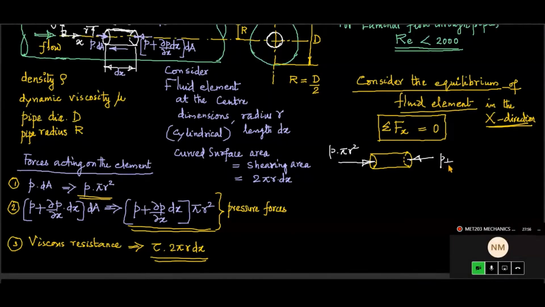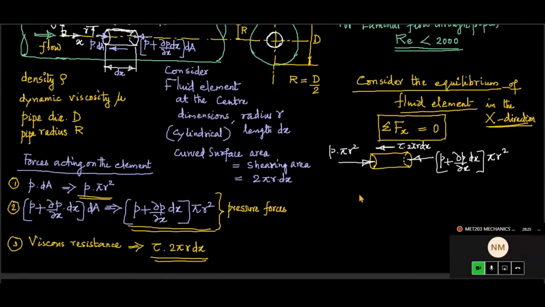That is P plus the incremented value, dou P by dou x over the length dx. That is the pressure intensity, then multiplied by the area, pi r squared, where r is the radius of the element and the elemental length is dx. And we know the shear stress all around, so the shear force will be tau into 2 pi r dx. These are the three forces.